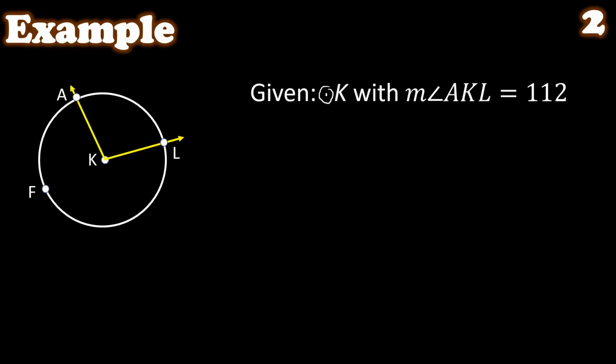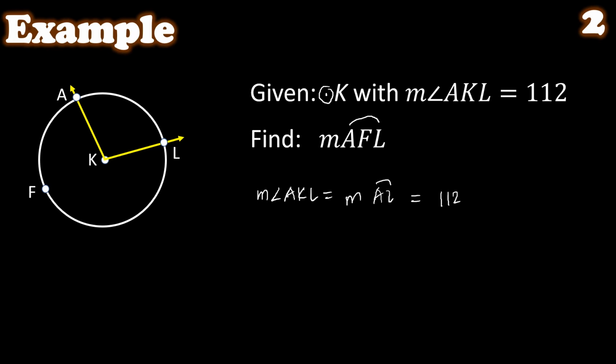Let us have example number 2. Given circle K with measure of angle AKL equal to 112, find the measure of arc AFL. From the central angle intercepted arc postulate, since the measure of angle AKL is equal to the measure of arc AL, that is equal to 112, we can get the measure of arc AFL by subtracting the measure of arc AL from 360 degrees.